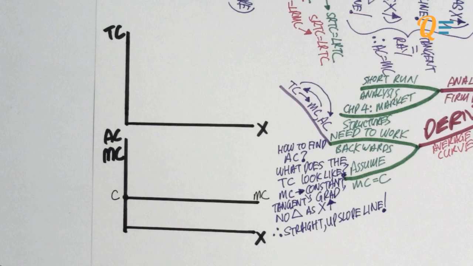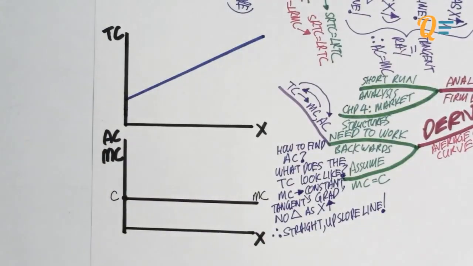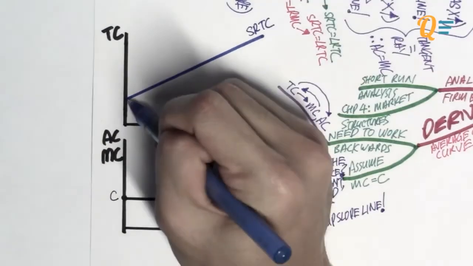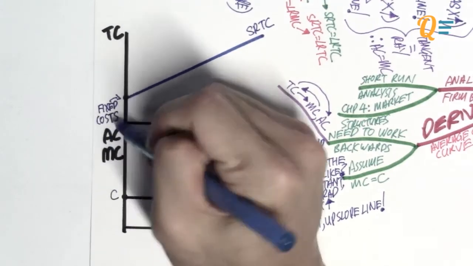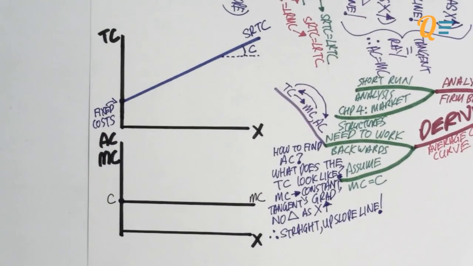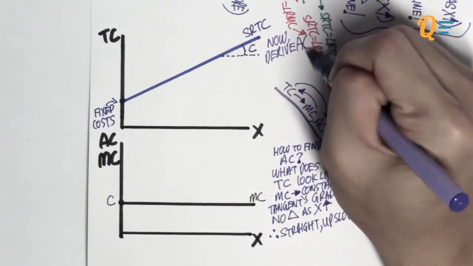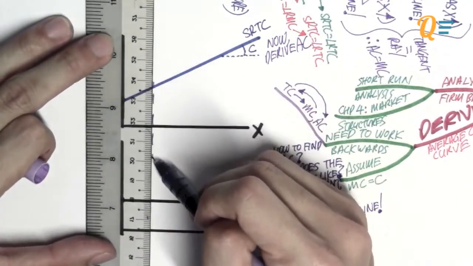And a positive gradient means that the tangent is not a horizontal line. It is an upward sloping line. Therefore, your short run total cost will look something like this. Make sure you include the fixed cost in, and the gradient of this total cost curve is going to be C. Now all you've got to do is to use this short run total cost curve and derive your average cost curve. See, it's quite easy, right?